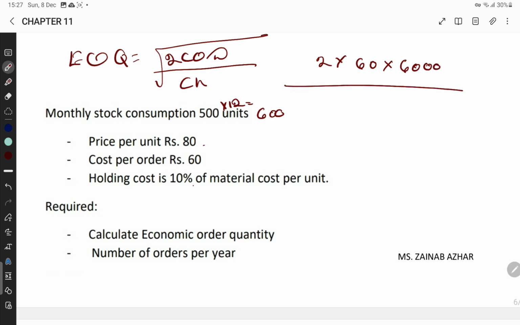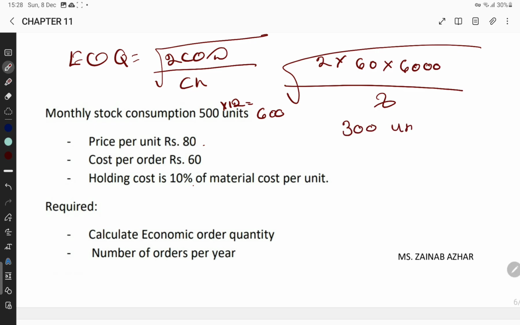So 10% is going to be 8 and the root of it. Okay. So 2 into 60 into 6,000 divided by 8 is 90,000, root of it, 300. Yeah, so it's 300 units.